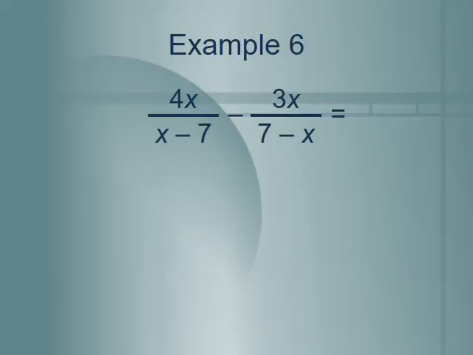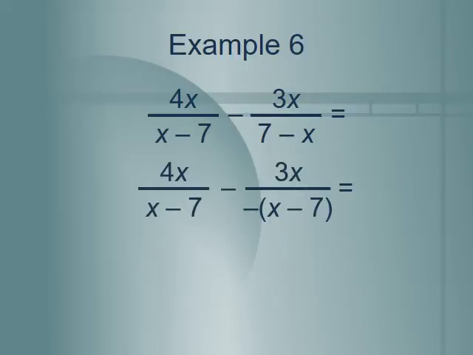We're going to factor a -1 out of one of these. And so basically what happens is you have this negative here, which makes this be x minus 7.